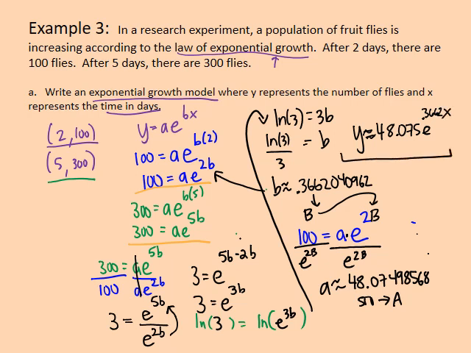I'm going to use these values to answer the next two questions, but I'm not going to use the approximate values. I'm actually going to use the stored values. So leave those values stored in your calculator.